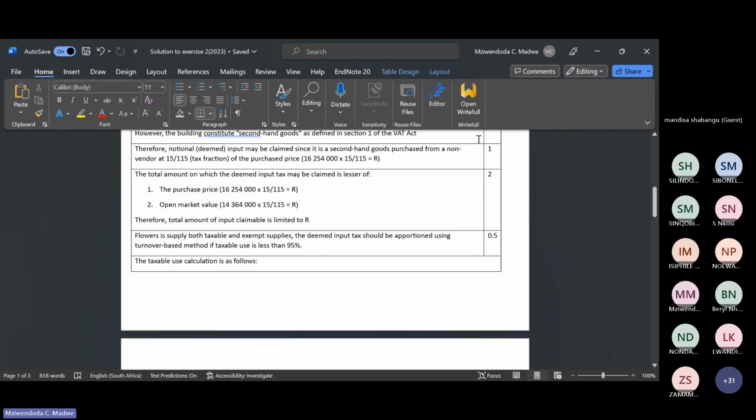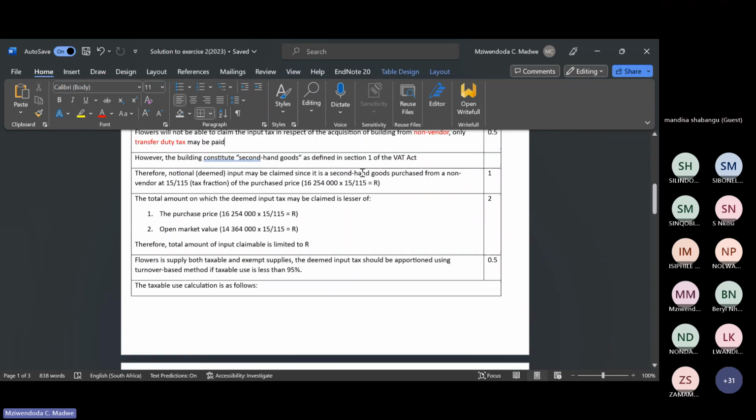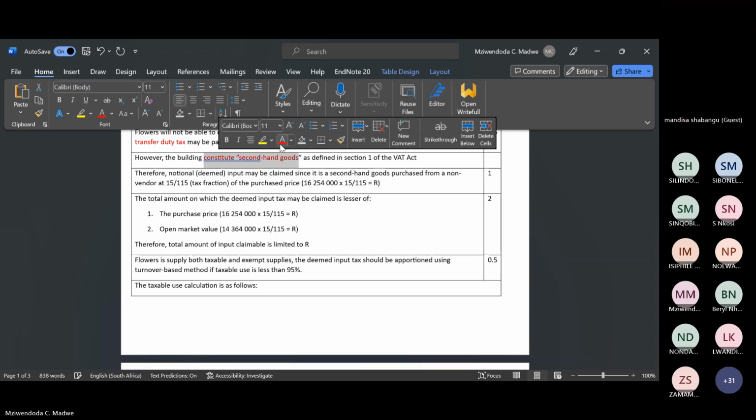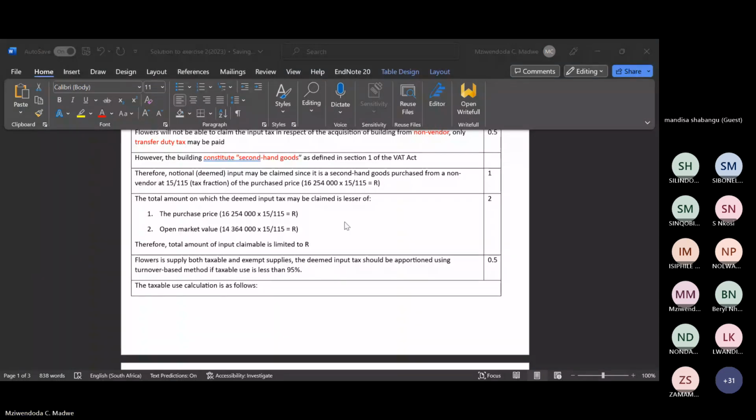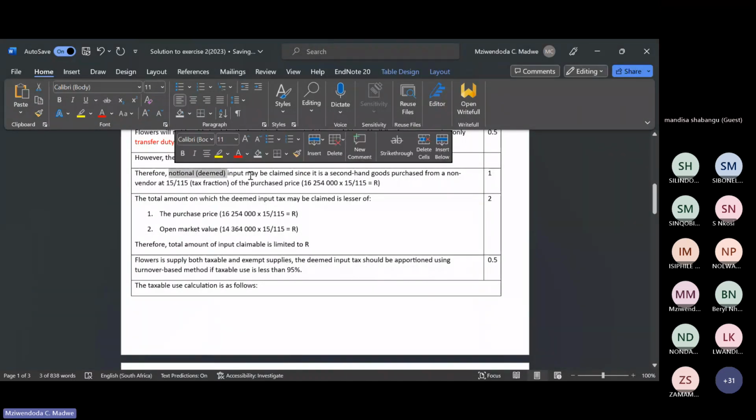The next thing that you are going to say is that since Flower is buying a second-hand good as defined under the VAT Act, he may claim what is known as notional input tax, or deemed input.